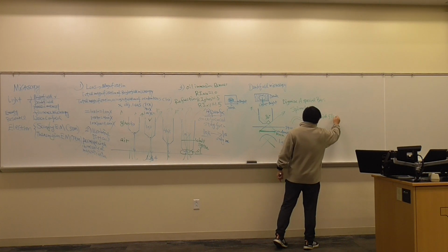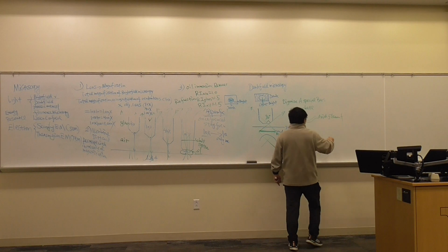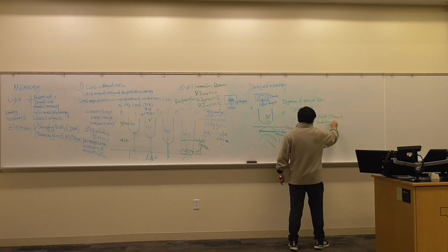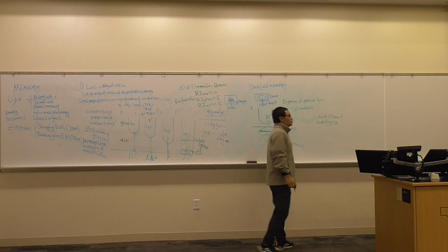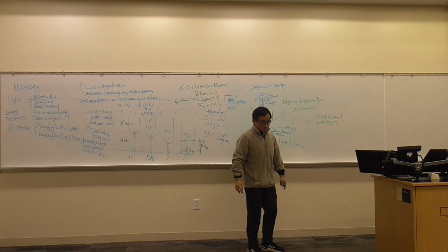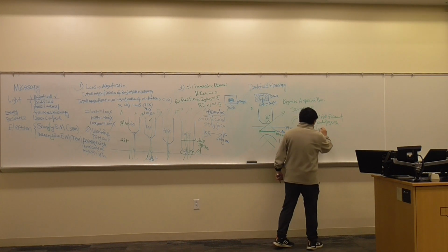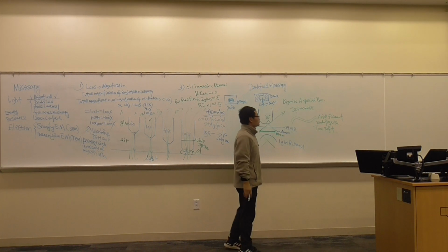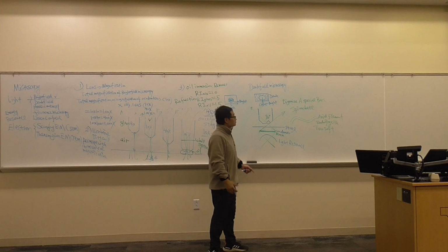Axial filaments have endoflagella, and you cannot do the staining because it's too soft. The tissue is too soft, you can understand that. So you have to use the dark field microscope.